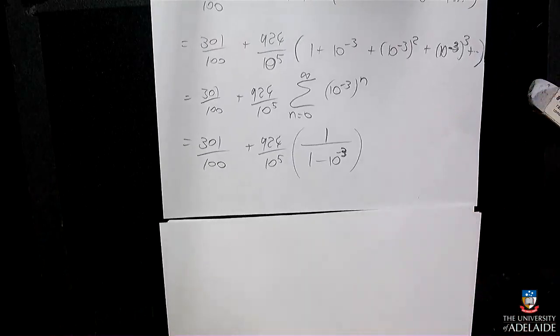Technically it's written with fractions now, so I could probably stop if I didn't have enough time to simplify it, but I should simplify it. Mathematicians and people generally are not comfortable with negative powers inside fractions, so I would prefer to not have a 10 to the negative 3 in that fraction. So I'm going to multiply the top and bottom of that fraction by 10 to the power of 3 to make the 10 to the negative 3 go away.